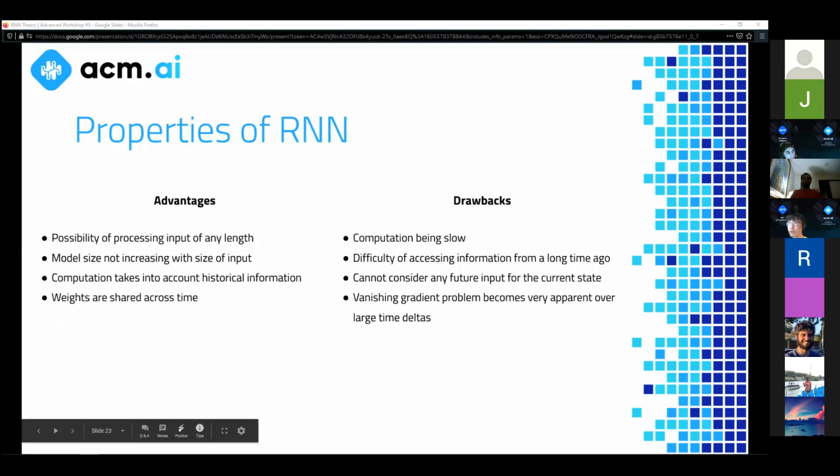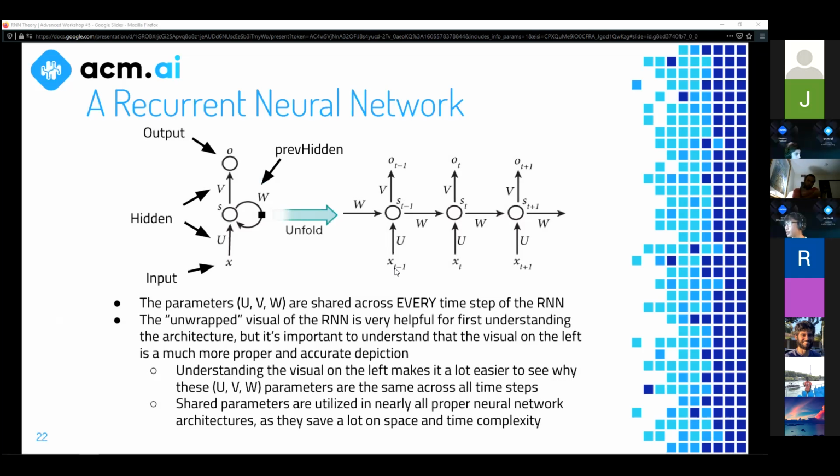So some properties of RNNs. One advantage is that they can process inputs of varying sizes, since the W weights are shared across every single time step, and in fact, V and W are also shared since they don't change. If you go to the previous slide, we have X t minus 1, X t plus 1, and then going on to infinity.